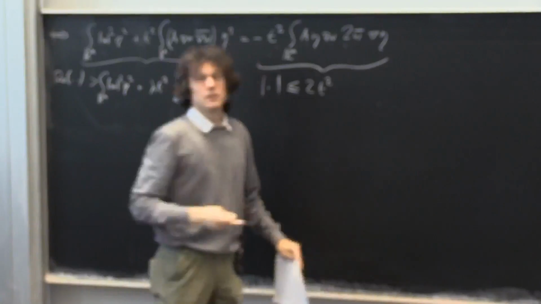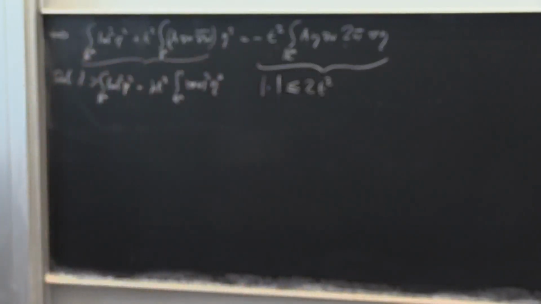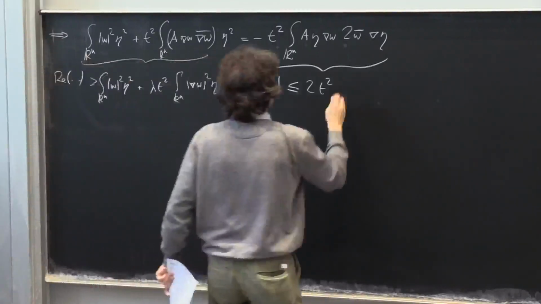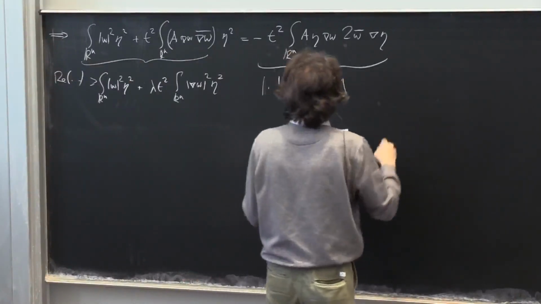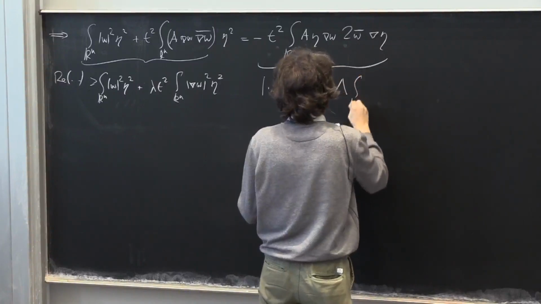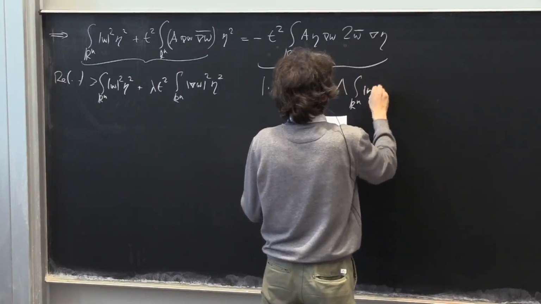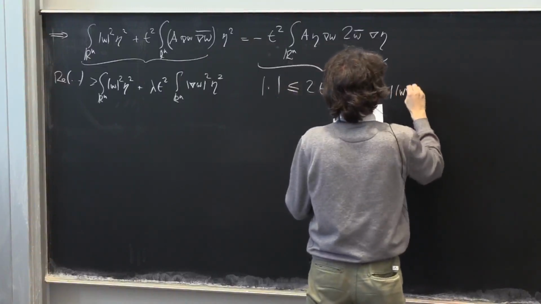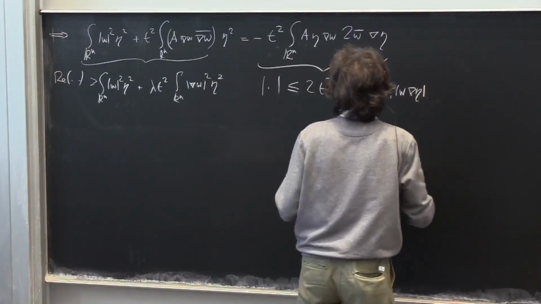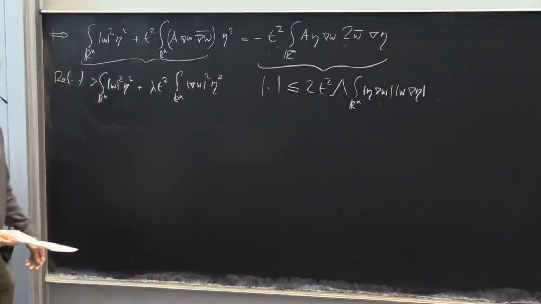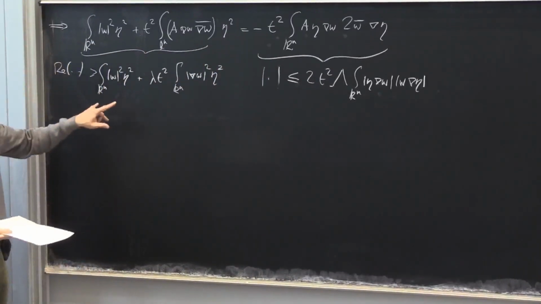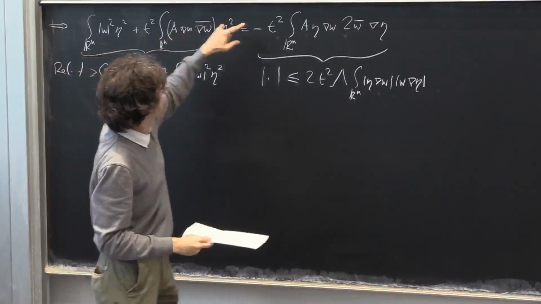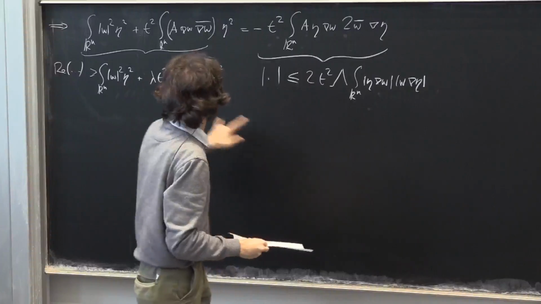And here we use the other ellipticity bound, the upper ellipticity bound, the L infinity bound on the coefficient, so we get the constant capital lambda, times the integral over Rn of modulus of eta gradient w times the modulus of w gradient eta. Okay. Why is this nice? So now you have to read it as an inequality. This thing here is less than the real part, less than the absolute value, less than this one.